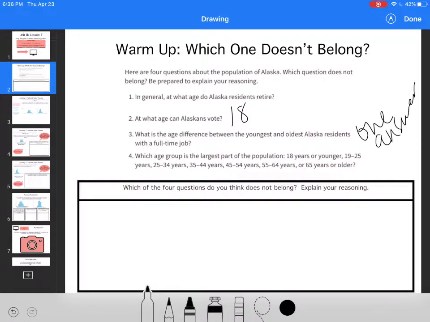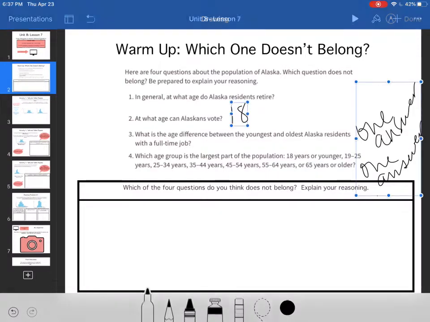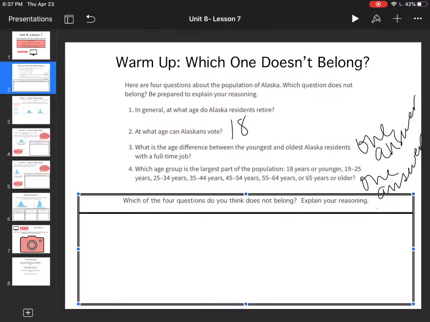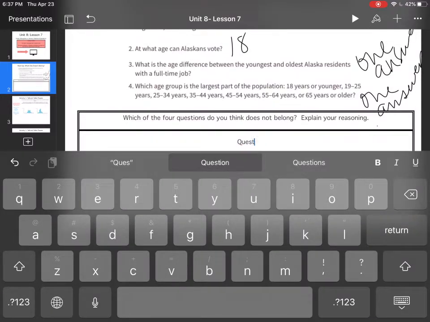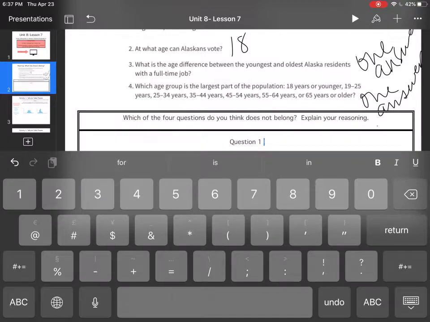Which age group is the largest part of the population? Well, that's got to be one answer too. So I'm going to go with question number 1. Question 1 is the only statistical question.